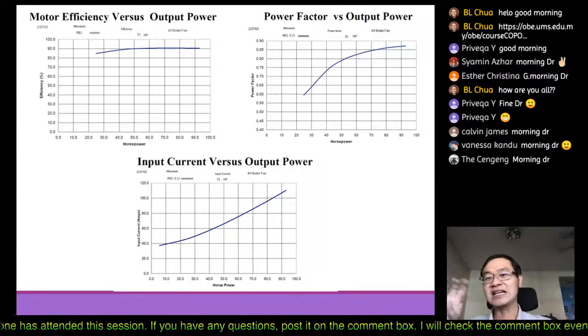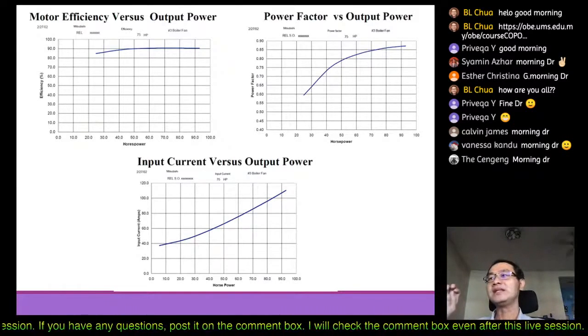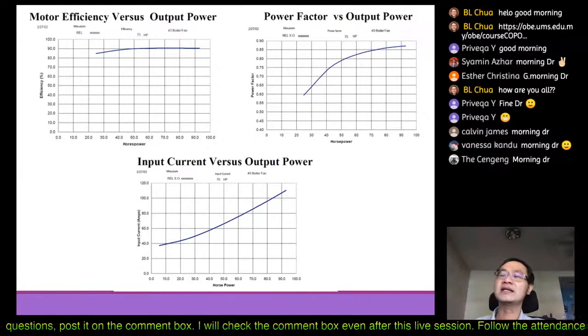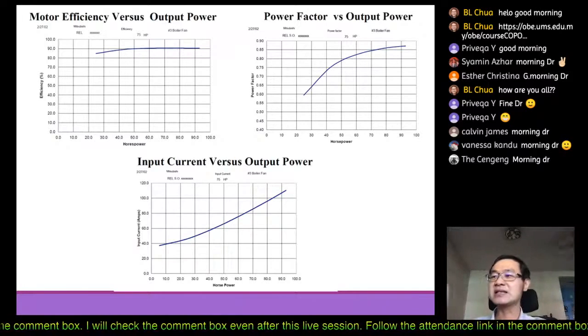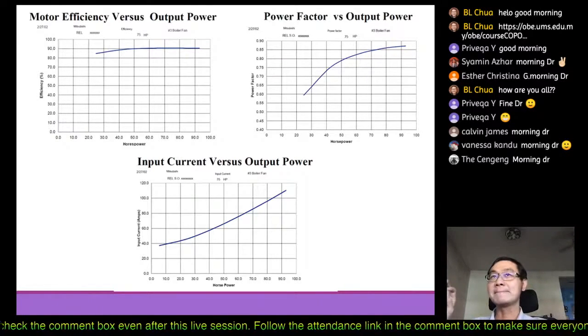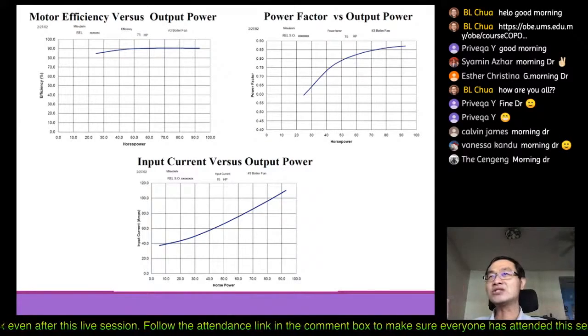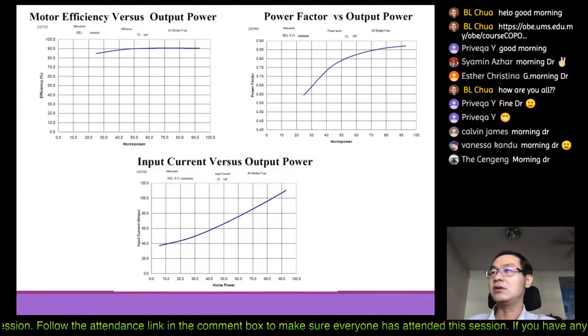So this is the way of interpreting why the current increases and decreases. It is mainly based on the characteristics of the motor.